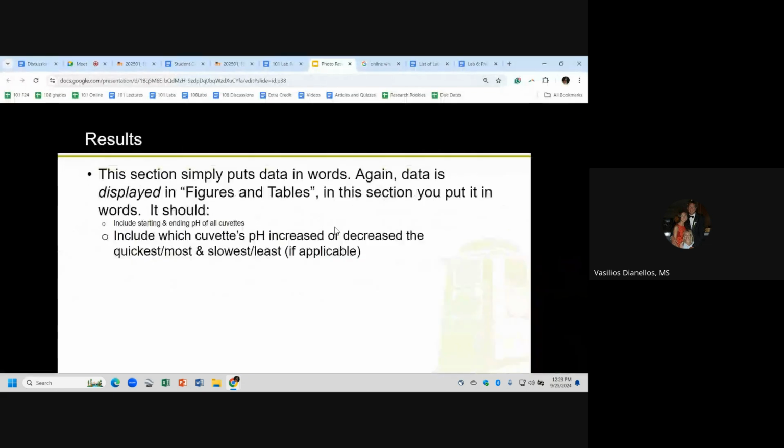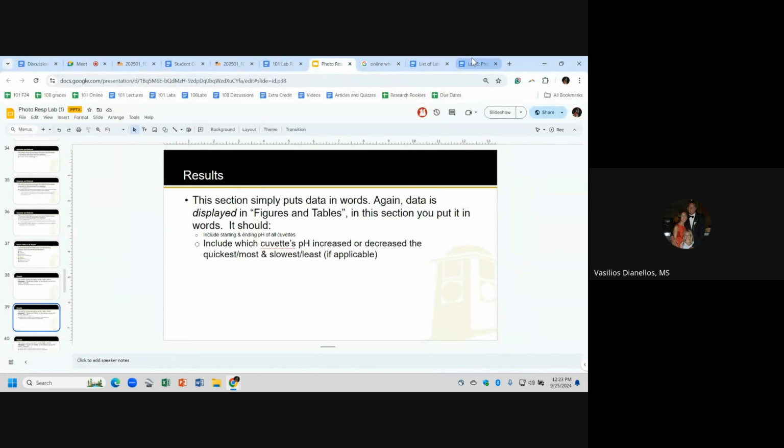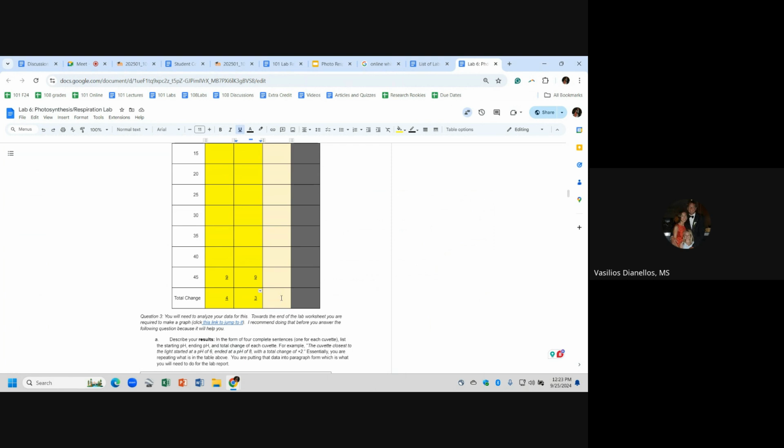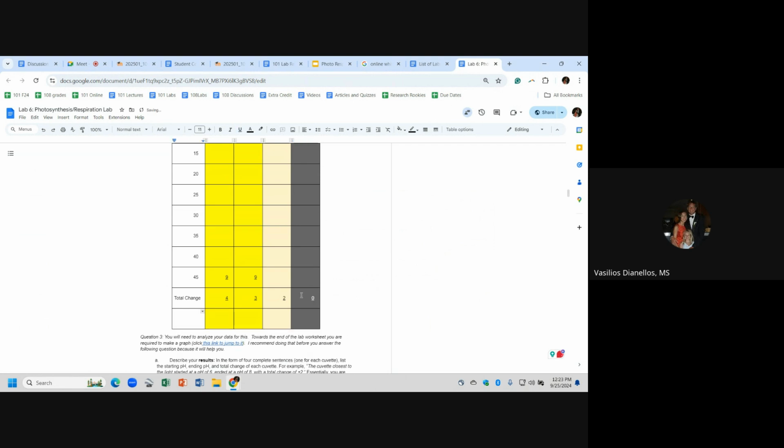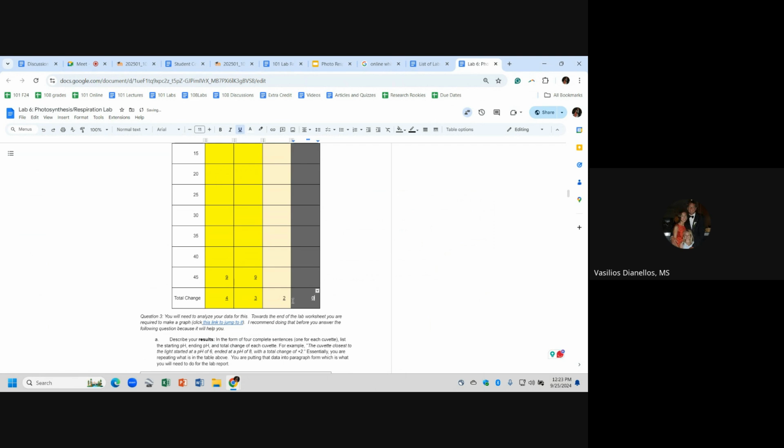So again, one last example. If this was the data, then you wouldn't need to explain which one was the quickest and the slowest, right? Because they all had different changes. You could just say this one changed the most, followed by this one, followed by this one, and this one changed the least, right?